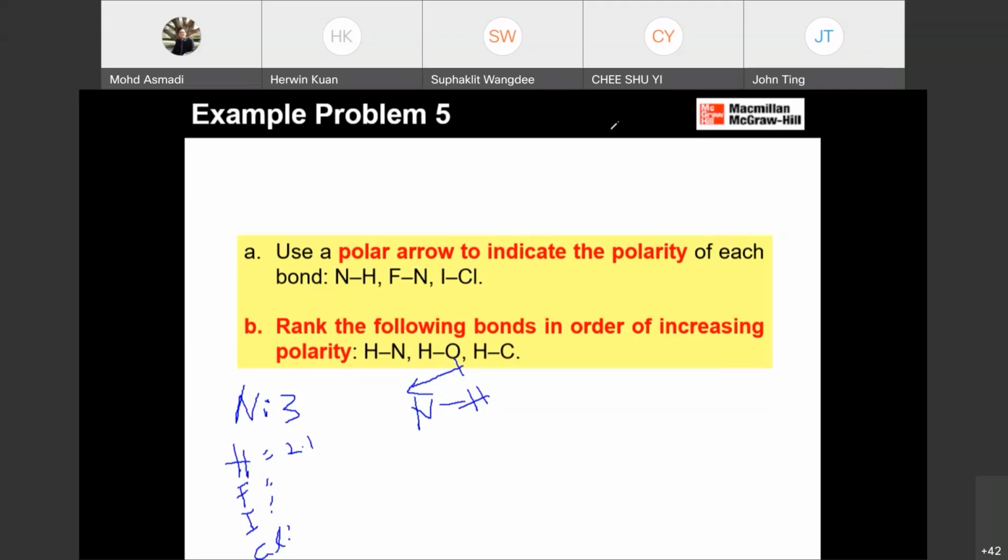So this one you have to calculate the electronegativity difference, so that you can rank which one has a higher polarity as compared with the others. Please, I give you 5 minutes before we stop.